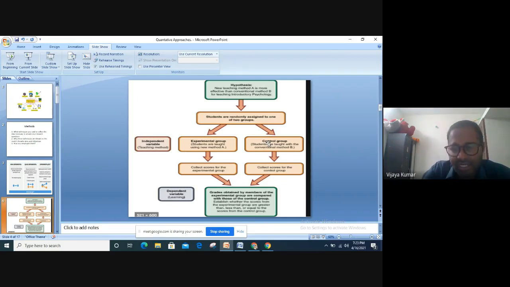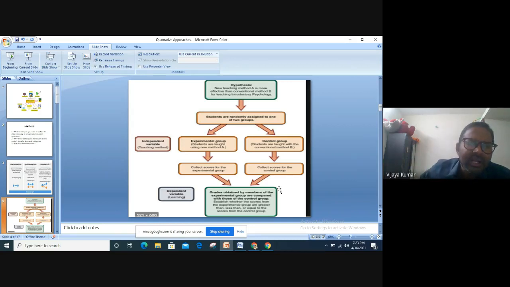So he has conducted the experiment. After conducting the experiment, he collected the scores for the experimental group, and then he collected the scores for the control group and assessed the grade based on certain rubrics. So he assessed their numbers, their mean, their standard deviation, the quantum of improvement. Then he will use advanced statistics to find out if his new approach has worked or not.